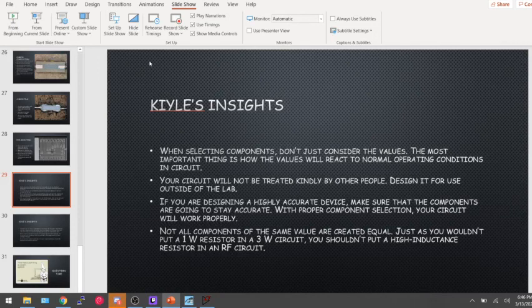Not all components will work in certain applications. If you're going to be designing a highly accurate circuit, you need to make sure that they're going to stay as accurate as they can. With the proper component selection, your circuit will work properly as you designed it for a long period of time.